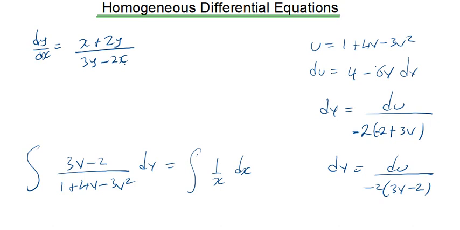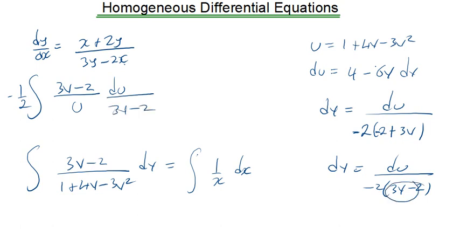So now that's going to be equal to your (3v minus 2) divided by your u, and I'll put the negative outside here. In fact, I have to say negative 1 over 2, because of that 2 that I have right there. So divide by u, multiply by du over (3v minus 2), which is that part. So this part and that part go.